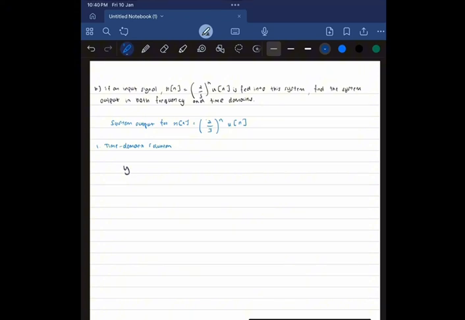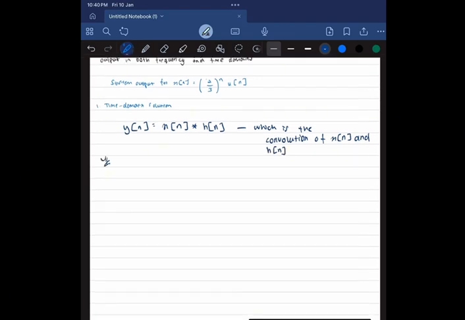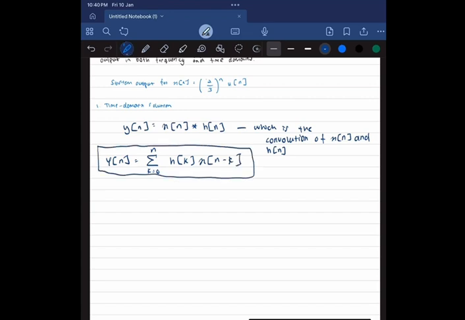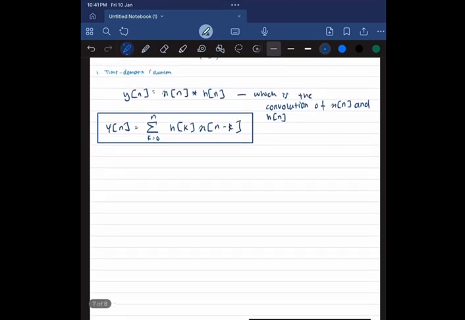We want to find the output yn, which is the convolution of xn and hn. The formula is yn equals summation from k equals 0 to n of hk xn minus k. So this is the formula that we use for finding the output in the time domain.